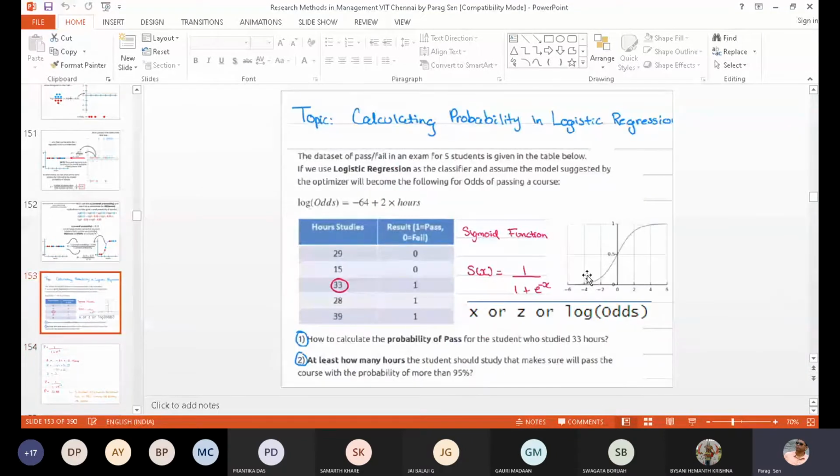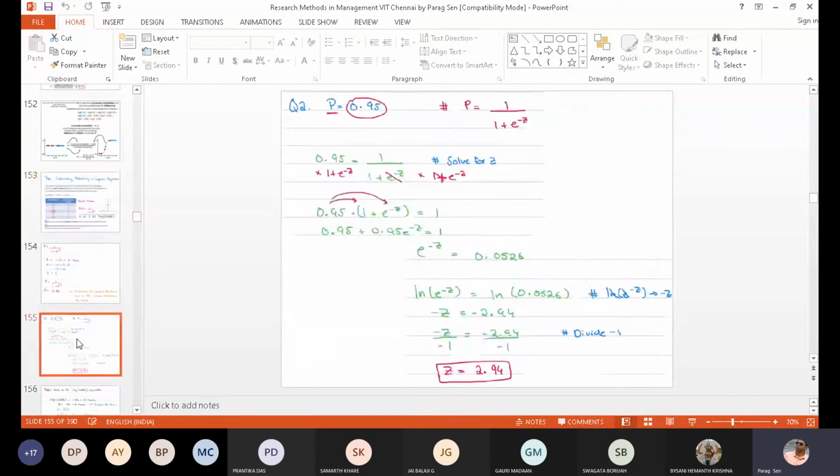Now another question is, at least how many hours should the student study to make sure they will pass the course with a probability of more than 95%. In this case, 95% means 0.95 is the probability.